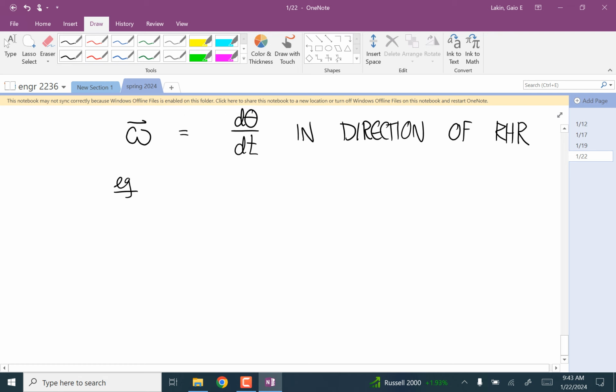For example, let me see if I can draw this. Let's say you have a coordinate system like this, and you have an object that's traveling in a circular path like this.